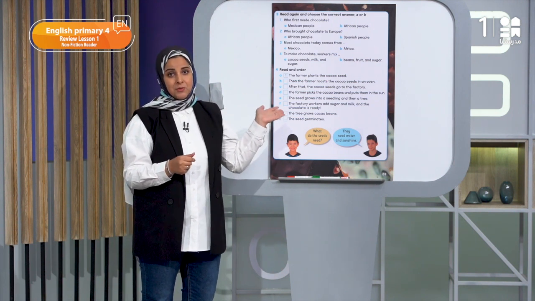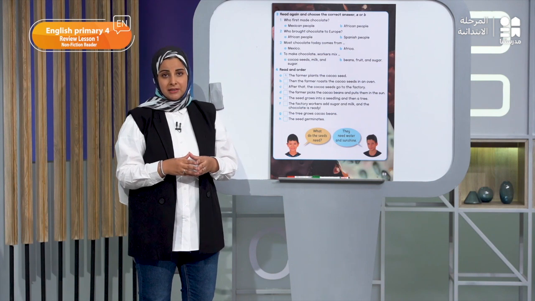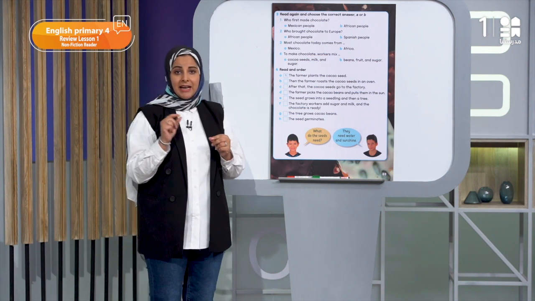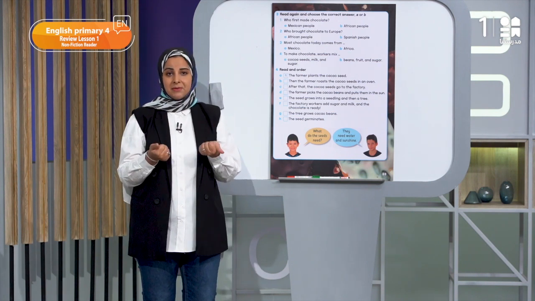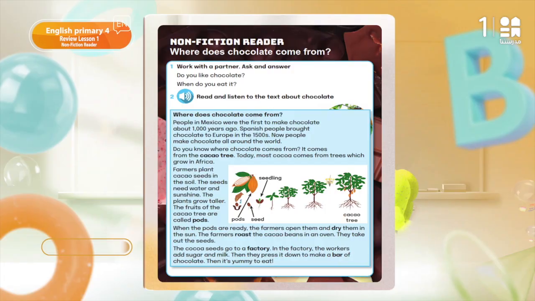Let's take a look at our questions. Question number 1. Who first made chocolate? Again, who first made chocolate? بحب دايما في كل حلقة أتكلم عن السكاننج والسكيمينج. So scan the text and find the answer.